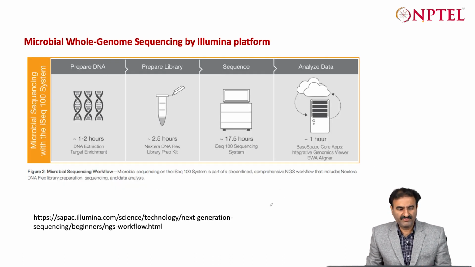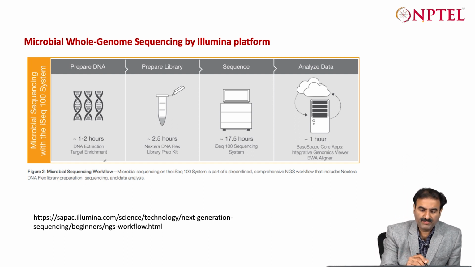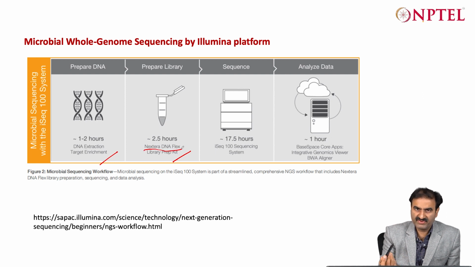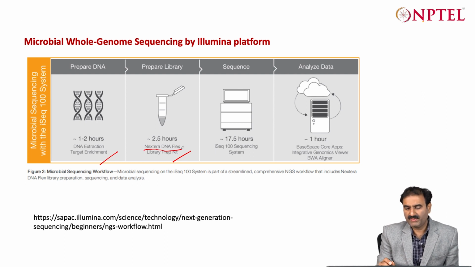Okay, so if you just look at iSeq, which produces about 1.2 GB, it is just good for a genome. It will take about 1 to 2 hours for DNA extraction and target enrichment, and about 2.5 hours for the Nextera DNA Flex library preparation, which is also fast. About 17 hours for the sequencing, and about 1 hour once you have uploaded the data on BaseSpace, which is basically the Amazon cloud service by the company.